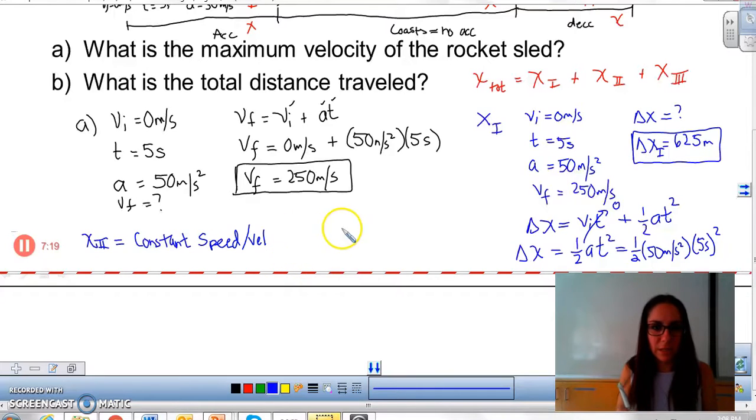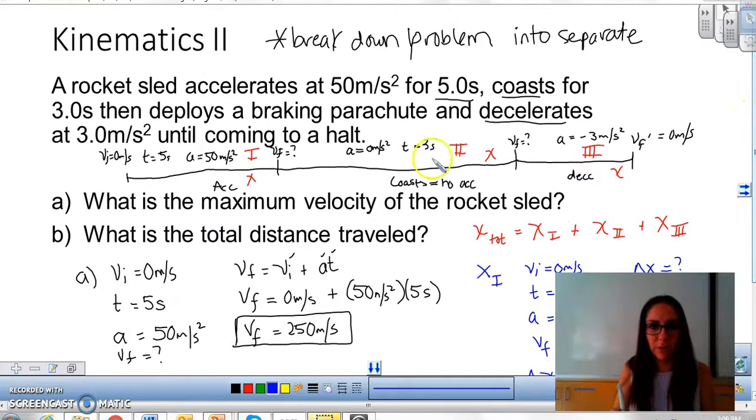Because that's the case, we can use the constant velocity equation. Velocity is distance over time, or displacement in this case. I actually know the velocity we're maintaining at that point. Remember, that's the final velocity from before, so that's 250 meters per second. And the problem does tell us how long it's been doing that for. It's really nice that the problem says 3 seconds.